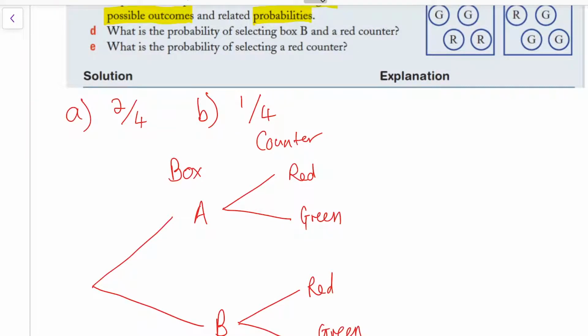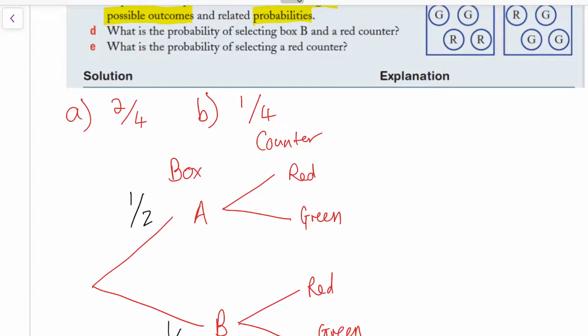All right, so now let's work with our fractions. I'll do them in a different colour just to help us out with identifying it. So there's 2 options when I'm picking a box, either box A or box B. So therefore that's half a chance and half a chance for either one of those boxes. Then when I start looking back at my box A options, how many red counters do I have in there?